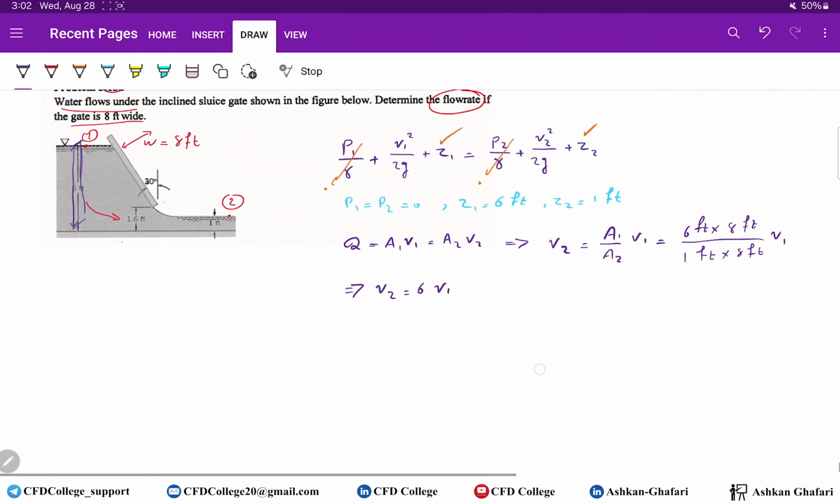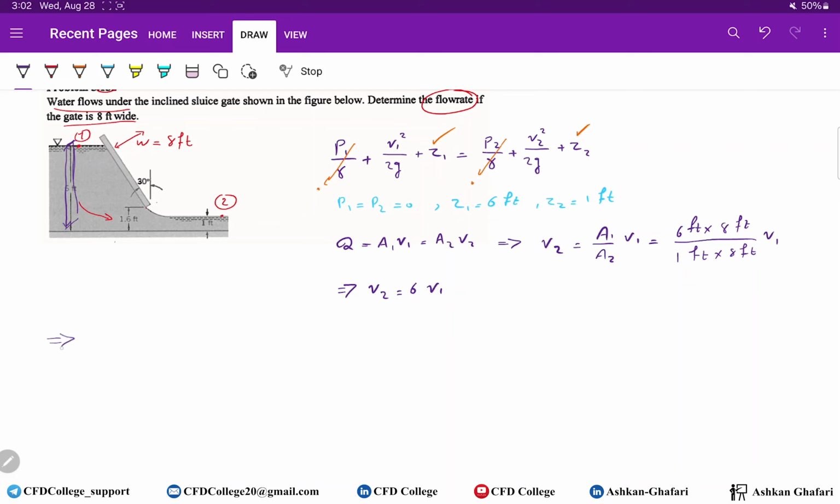And now we can solve the Bernoulli equation. V1 square over 2g plus 6 feet equals (6 V1) square over 2g plus 1 foot.